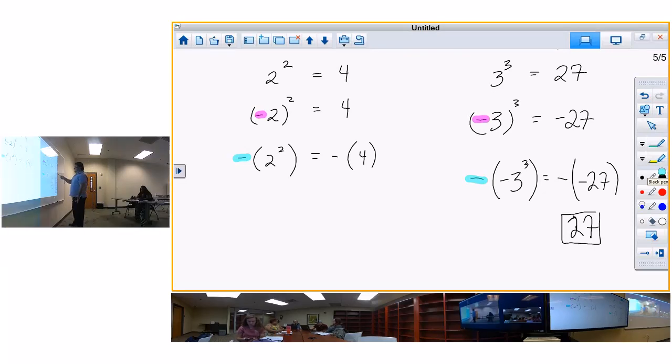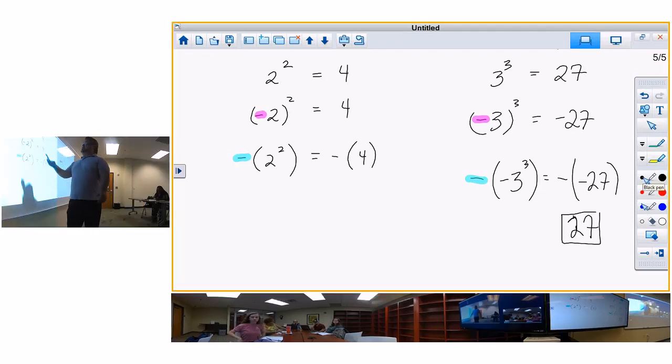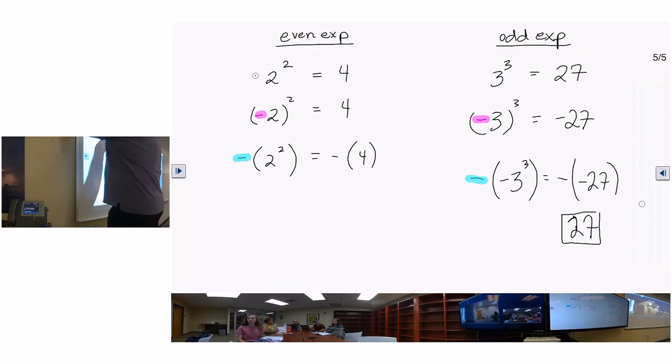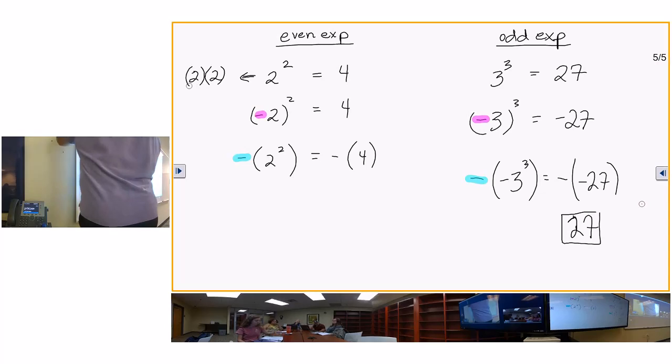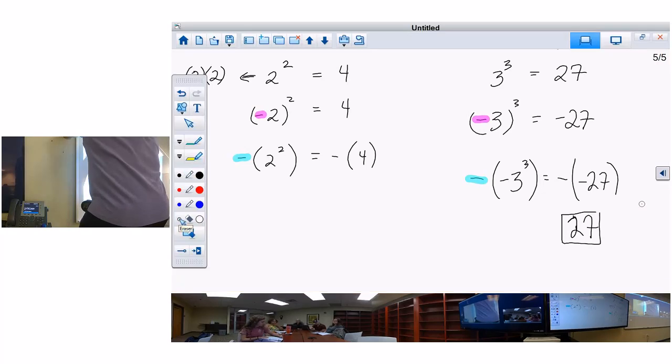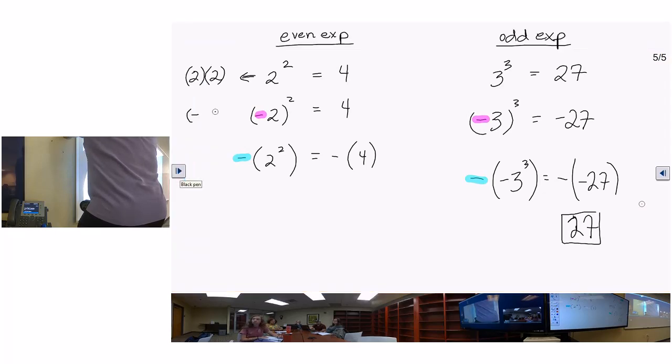And the reason, I'll show you right quick. What is 2 to the second power? That is 2 times what? Okay. What is negative 2 to the second power? That's negative 2 times what?